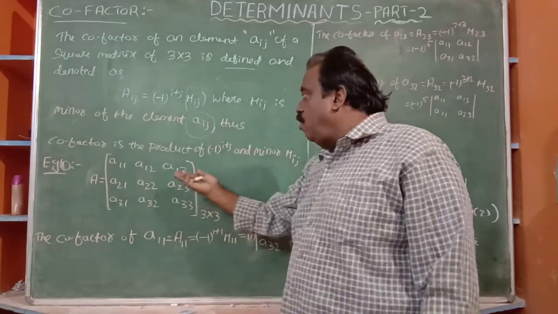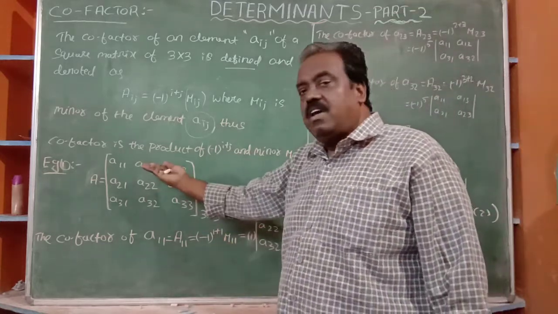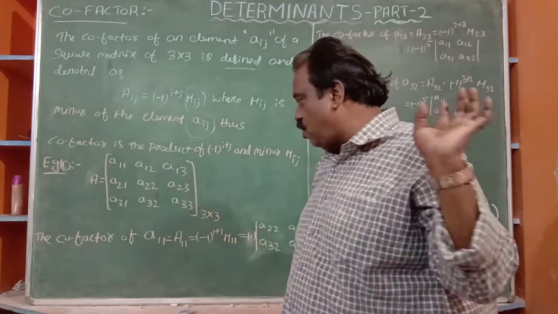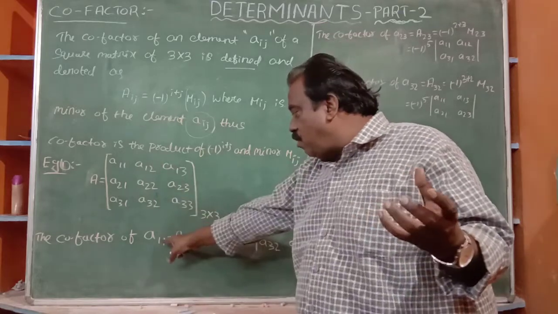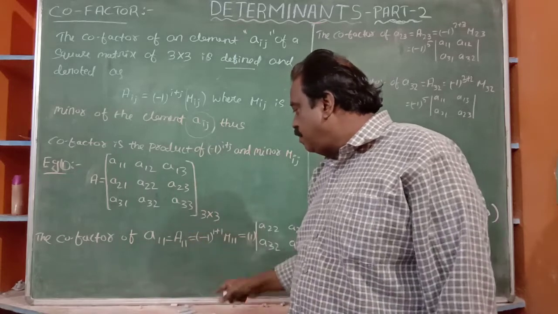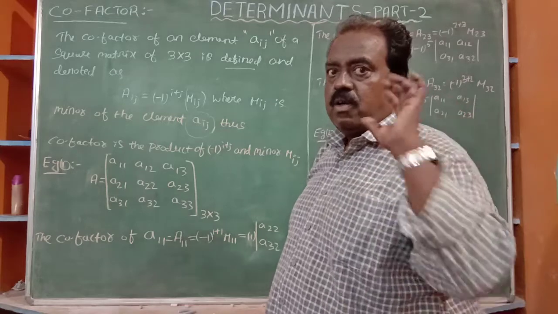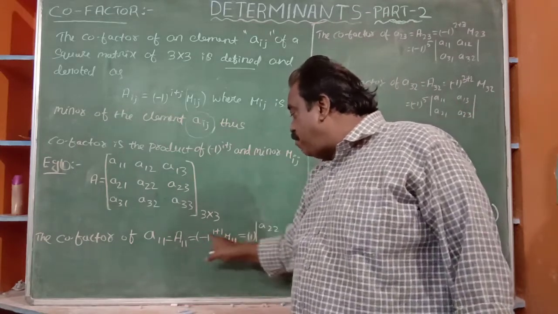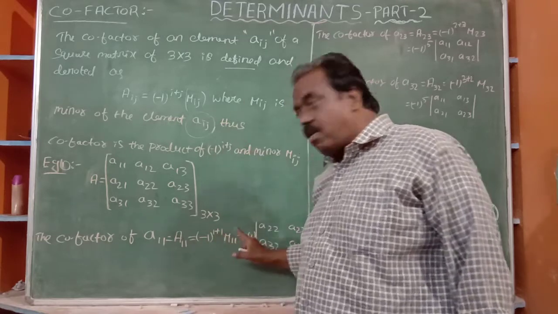Now we will discuss this by taking an example. Capital A is A11, A12, A13 and so on. It is a 3 by 3 general matrix, we know it well. The cofactor of the first element a11 is capital A11. Capital letter A11 is the notation for a cofactor. This is minus 1 power 1 plus 1, not 11, into M11.